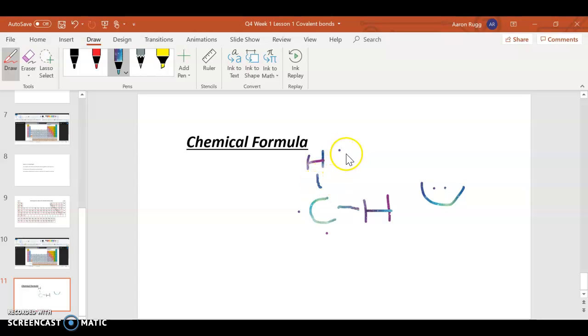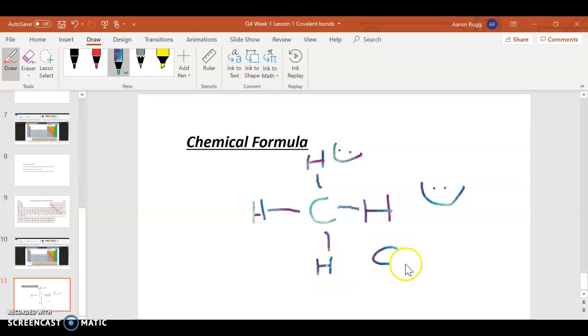Now this hydrogen's very happy. He's got 2 valence electrons. Carbon's still unhappy. It has 1, 2, 3, 4, 5, 6. So we got to fill this in. That gives us 4.